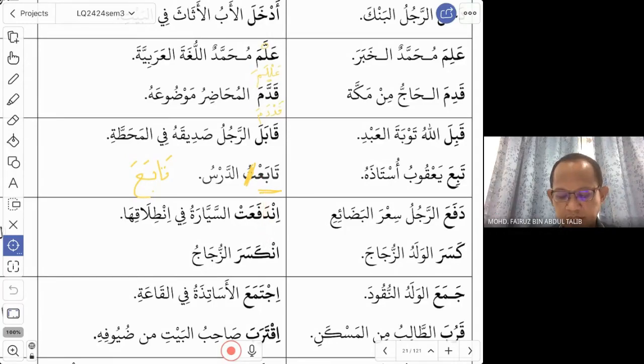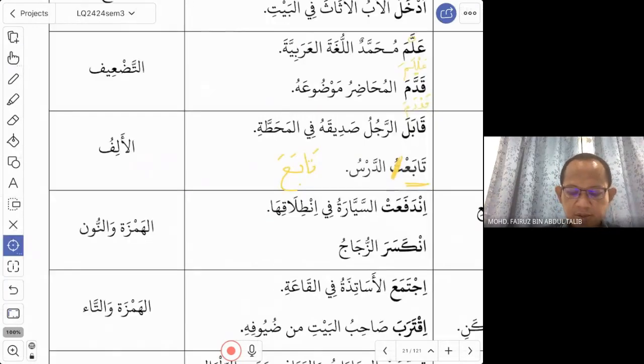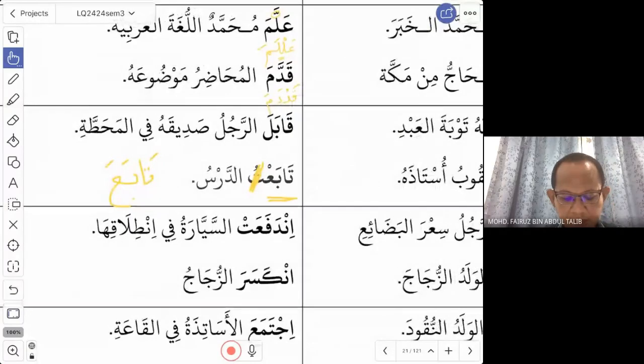What do you add to the fi'il? You have the ta, which is the original letter, ba is the original letter, ain is also the original letter. So the additional letter here is the letter alif. That is for the fi'il taba'a.